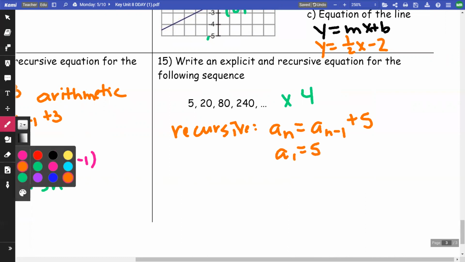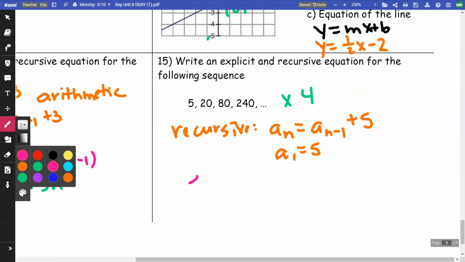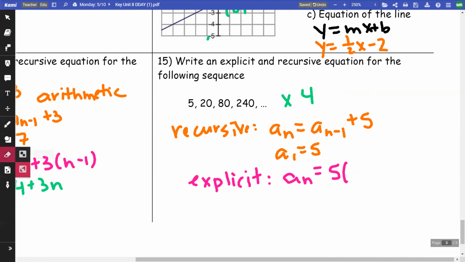And then if we want our explicit, let me just rewrite that. That is where we have a sub n is equal to our start times, I wrote times, wow, I don't know why I wrote plus 5 here.